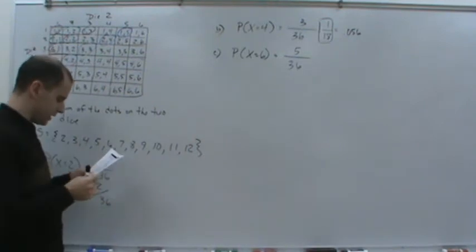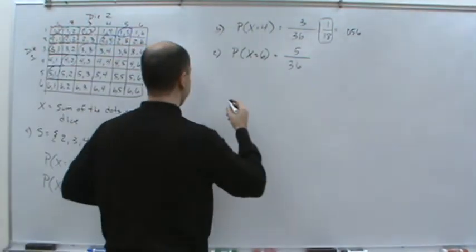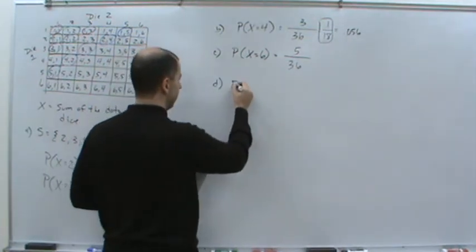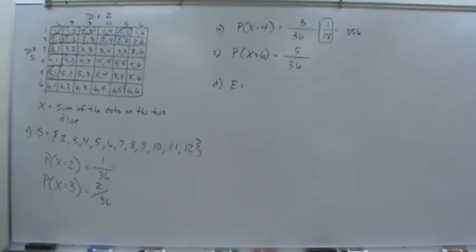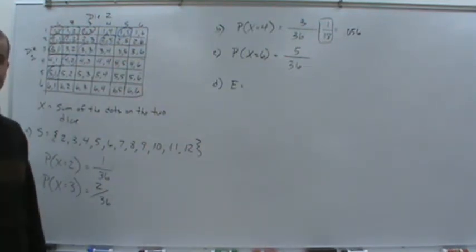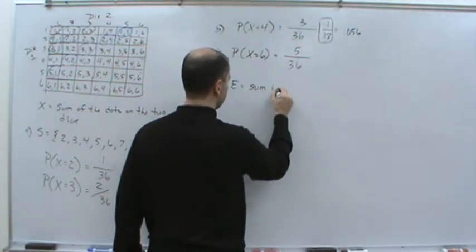And now the next one says, let E, so we're going to define an event. So D says, let E be that the outcome for the sum is an even number. Okay? So the sum is even.